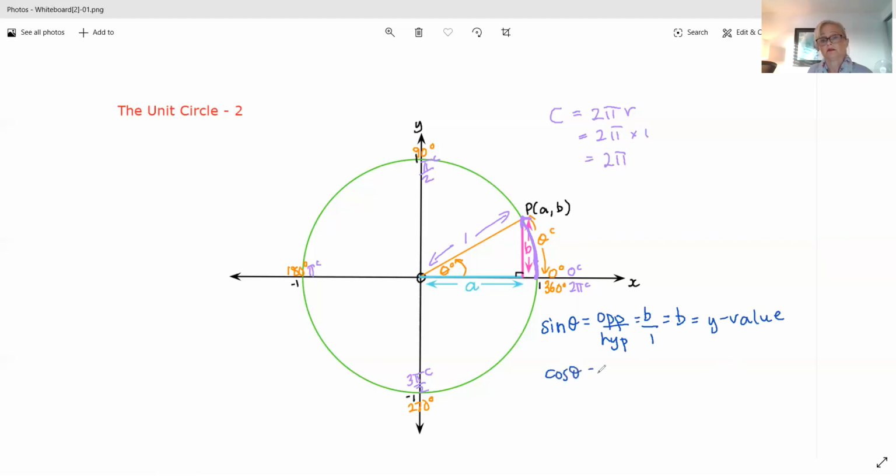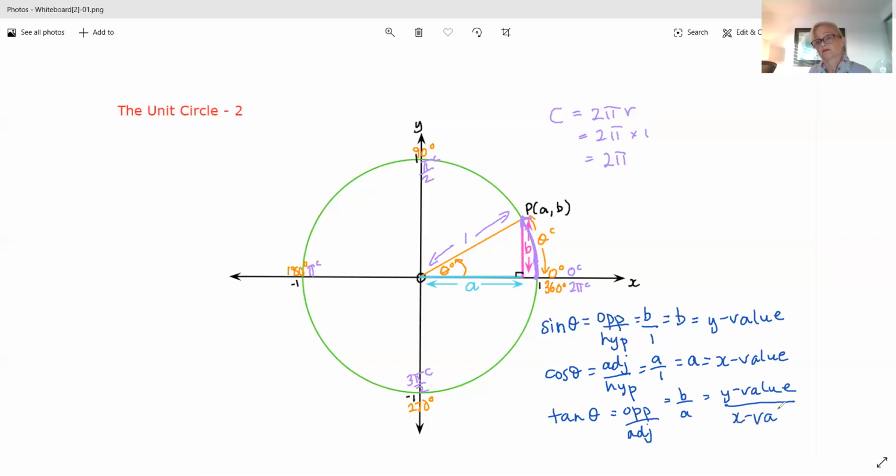Cos of theta is your adjacent over your hypotenuse, which is going to be, in this case, A over 1, which of course is just A. And that's our X value. Tan of theta is our opposite over our adjacent, which is B over A, which is our Y value, divided by our X value.